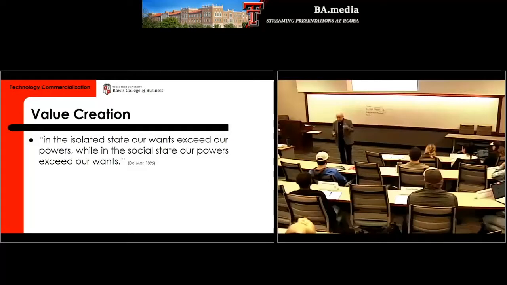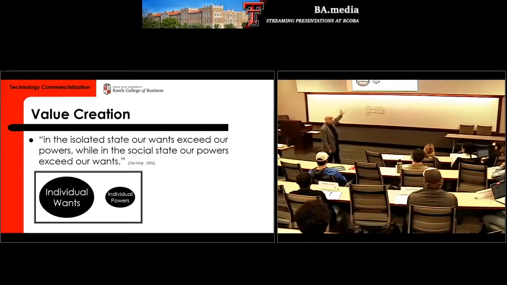So in the isolated state, my wants exceed my powers. Ron can't fly. That's represented by individual wants, great big, individual powers, not so much. Every one of us is in the same situation. Our wants exceed our powers.